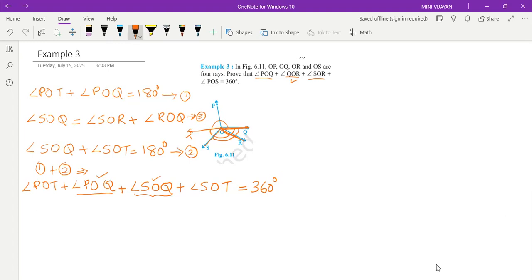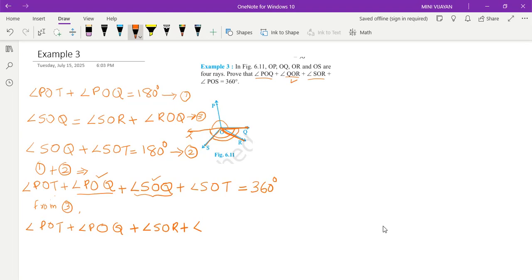So using equation 3, I can write angle POT, let it be there, angle POQ plus, splitting SOQ as angle SOR plus angle ROQ.